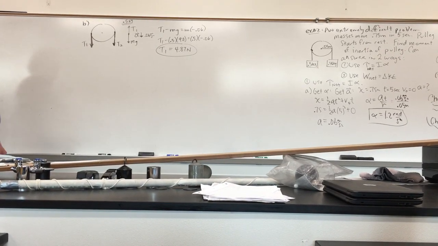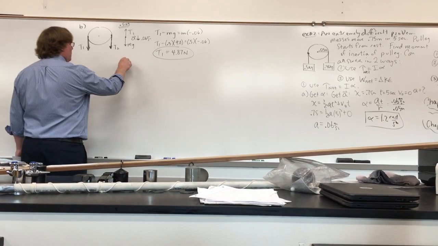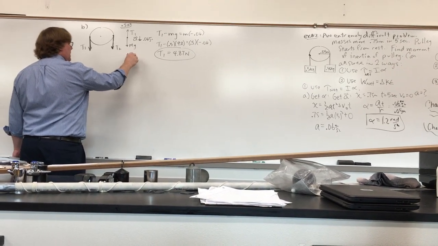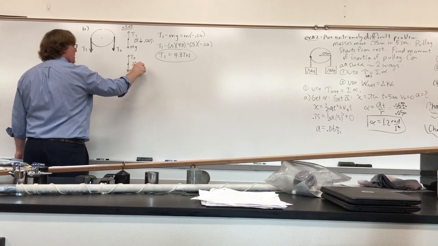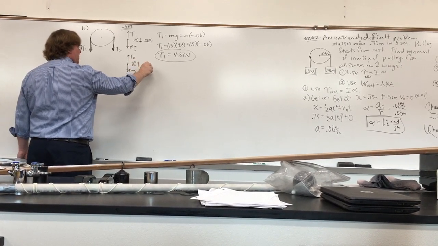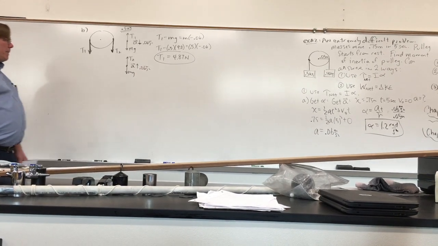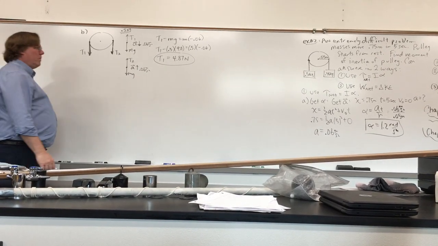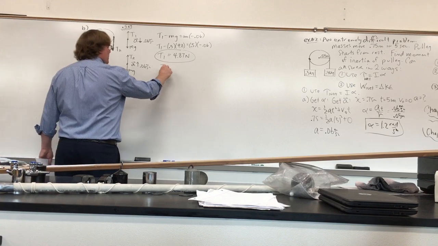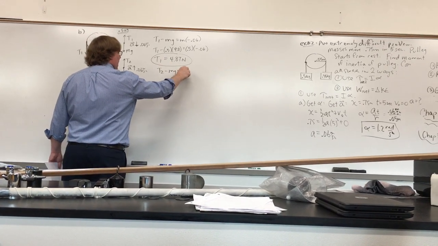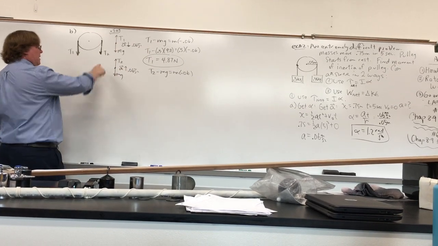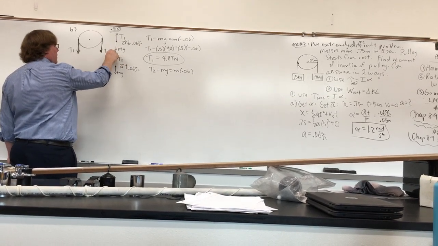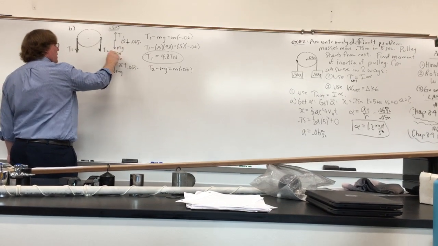I'm going to do the same thing for T2. I got T2 and mg, and this mass is accelerating upward at 0.06 meters per second squared. So I know T2 minus mg equals m times 0.06, and that's positive because the 0.46 is accelerating upward. This is of the 0.46 kilogram mass.